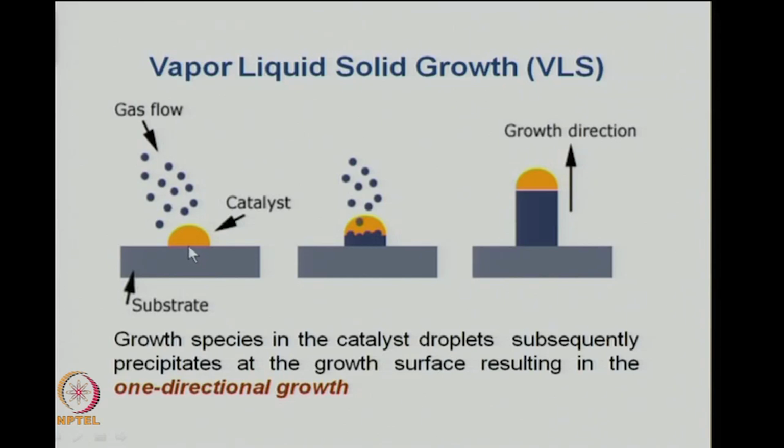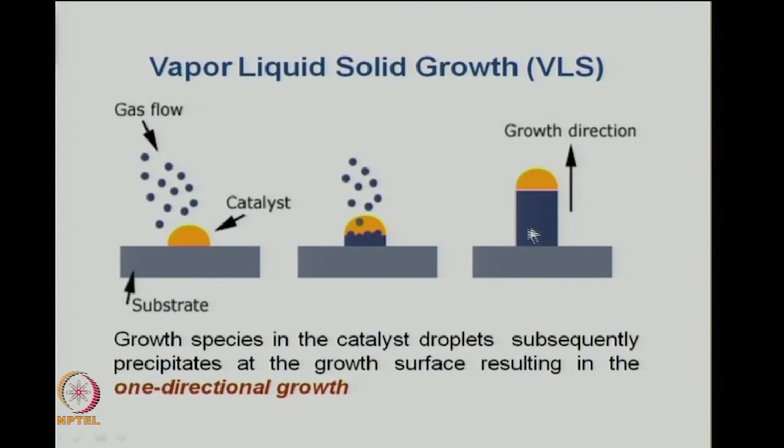These are gas molecules, and then they precipitate at the interface of the solid and the liquid keeps moving in front, and so you get essentially a one dimensional growth of this substrate material. So, this particular methodology tends to give you nanowires or nanorods.